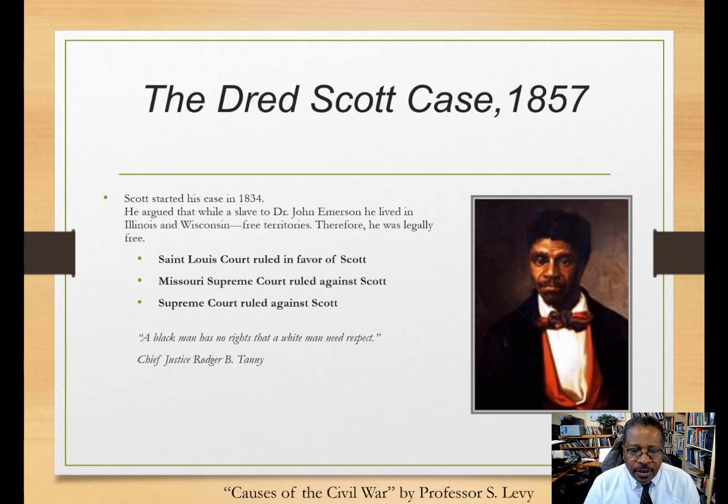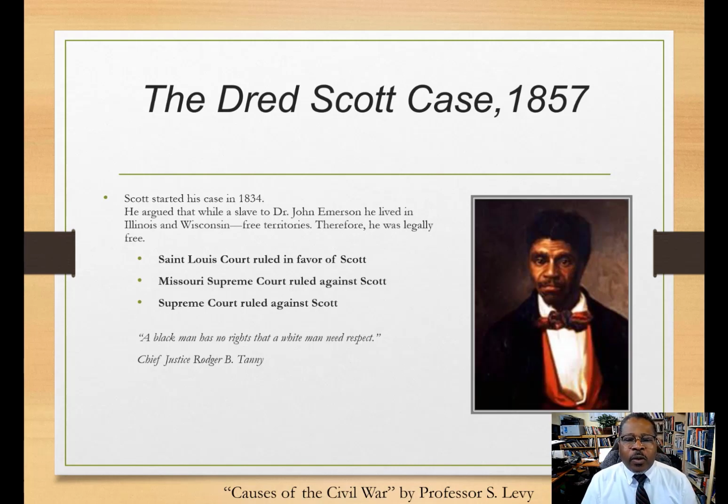The Chief Justice in that case, Justice Roger B. Taney, he said in his opinion, quote, "A black man has no rights that a white man need respect." So the Constitution didn't apply to them, the Bill of Rights didn't apply to black people.